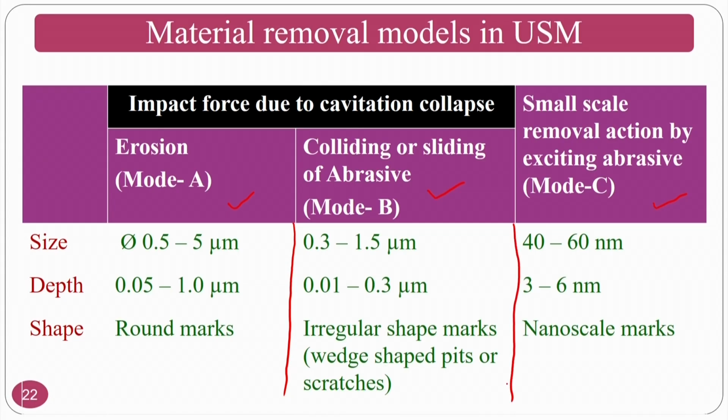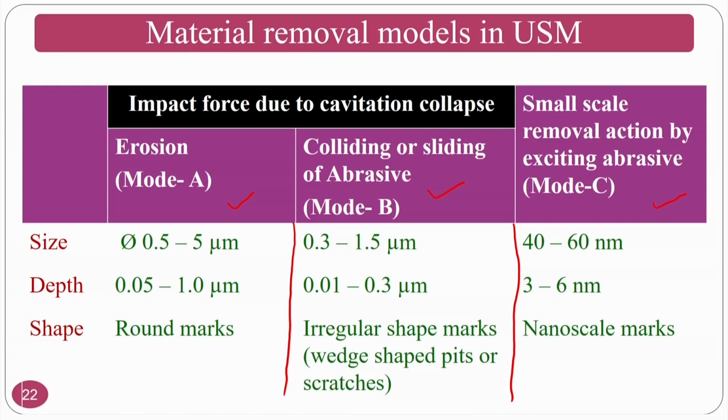In the small scale removal action by the exciting, that is mode C, basically the size is 40 to 60 nanometers and 3 to 6 nanometers, and nanoscale marks will be there. That we have seen, as I was saying, that small scale removal will be there, because it is not true that all abrasive particles will touch the tool in the forward motion only.